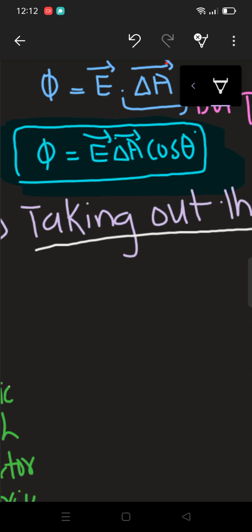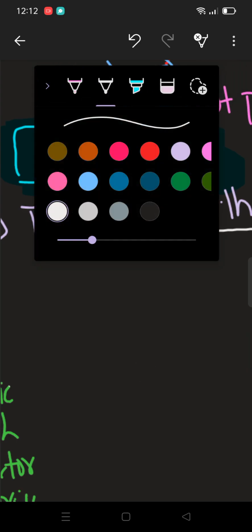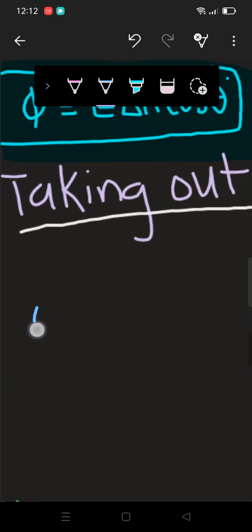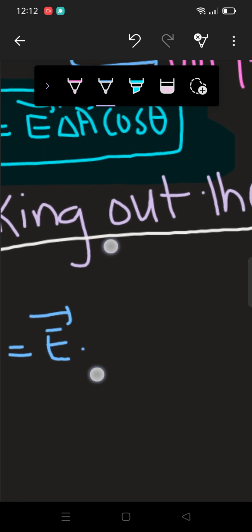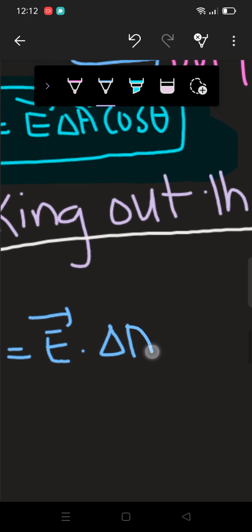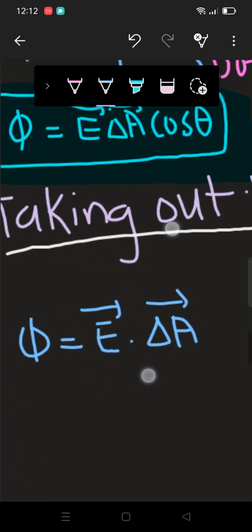Alright, so we know that it is the dot product of electric field intensity. Phi is equal to the electric field intensity, a vector quantity, dotted with the small element of vector area. We have derived the unit of electric field intensity. Electric field is force per unit charge.